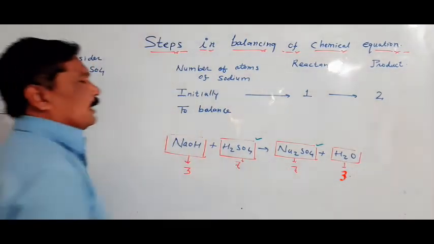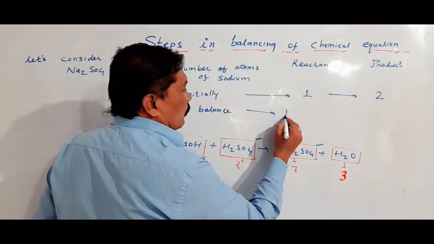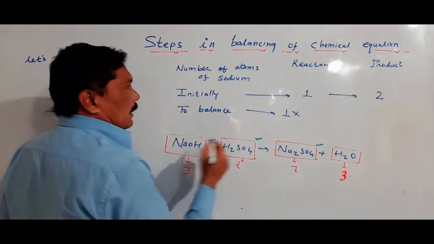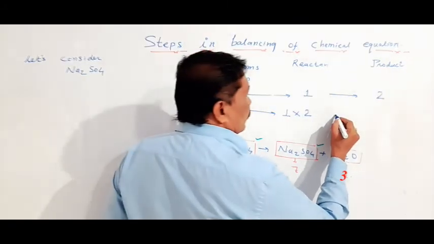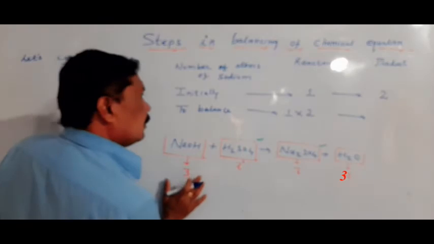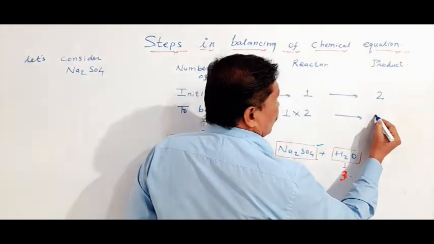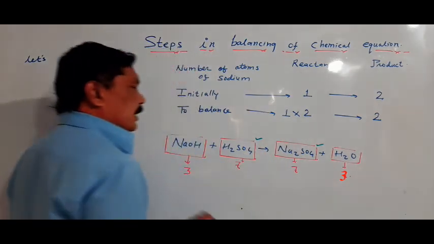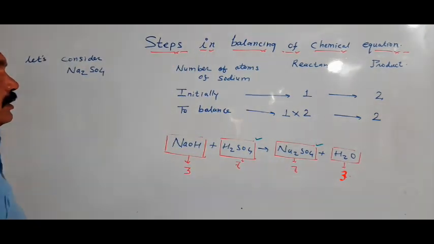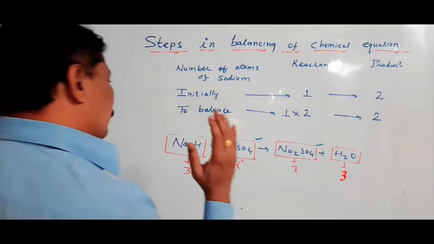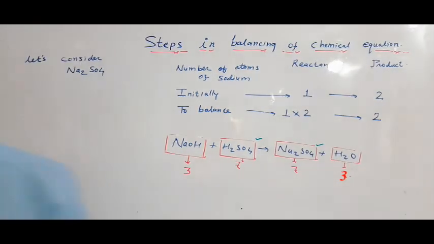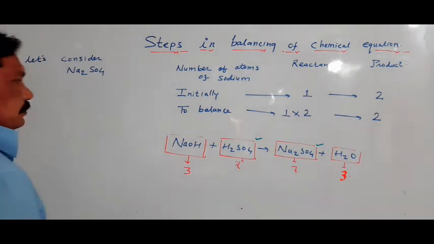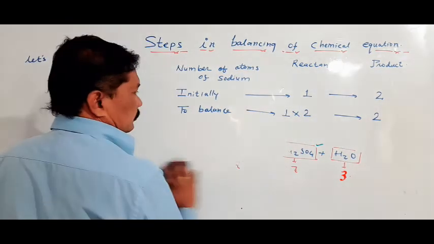Now, in order to balance, we have to multiply 2 in the reactant, and in product there is already 2. To balance the equation, put 2 in front of sodium hydroxide.